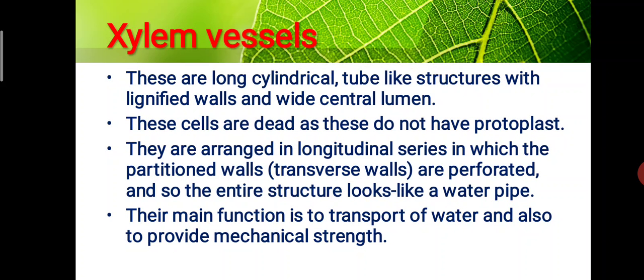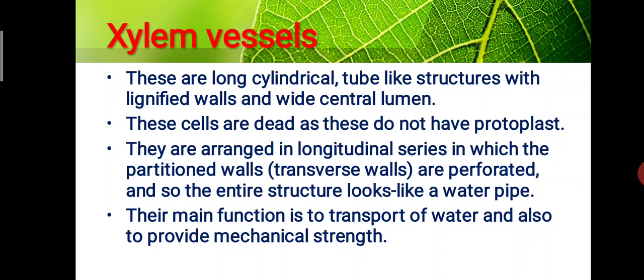Next we have xylem vessels. They are long cylindrical tube-like structures with lignified walls. Their walls are lignified, which means they are thick, with a wide central lumen. Tube-like means they have more hollow space inside, through the center, which we call the central lumen. The cells are dead and they don't have any protoplast.